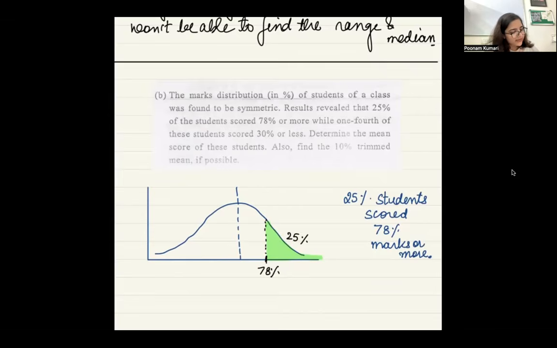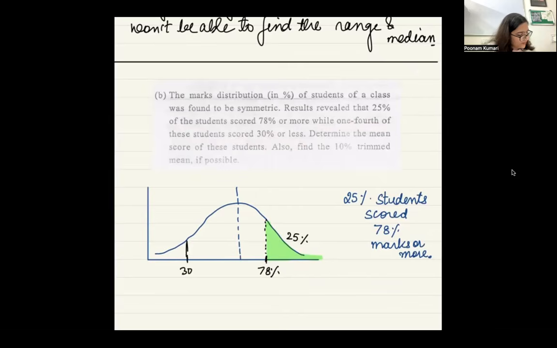Okay, what is the other statement saying? While 1/4 of these students scored 30% or less. So the people who have scored 30% marks or less than that, that number is also 1/4. So let's say this is 30%.